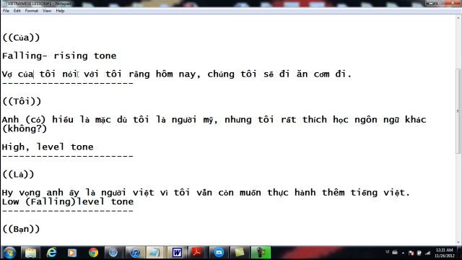So nói is to say, and then với is with, tôi, I, rằng is that. So literally it says my wife say with me that. That's the literal translation, but the other translation, I should say, is my wife told me that.